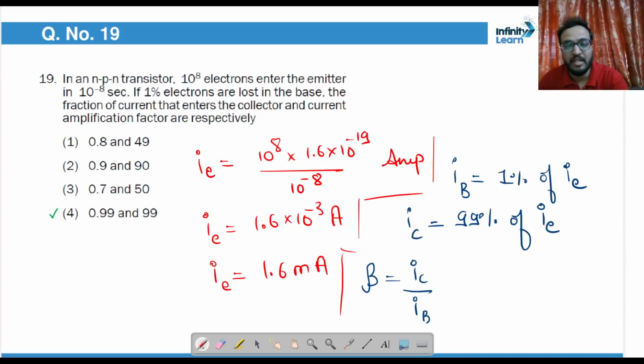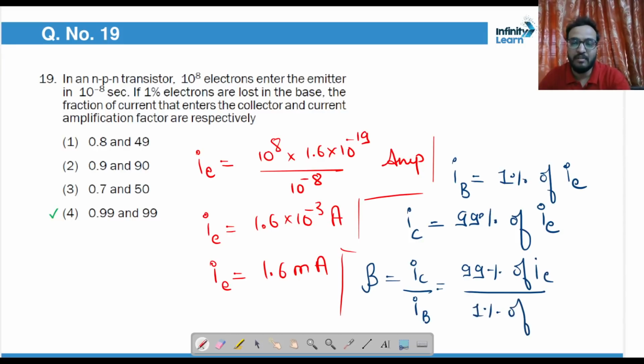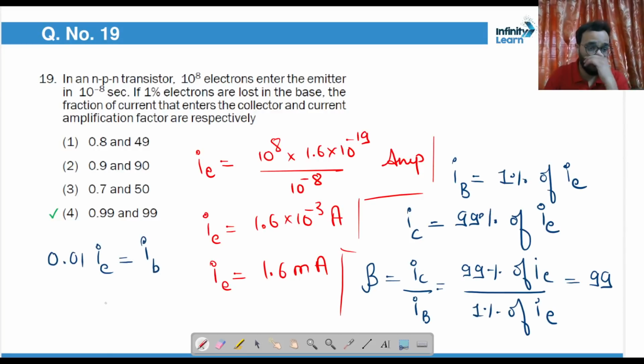So it is obviously 99% of IE upon 1% of IE, so this is 99. So amplification factor is 99. And the fraction of current in base is this, so obviously in collector it will be the remaining. So fourth option is correct.